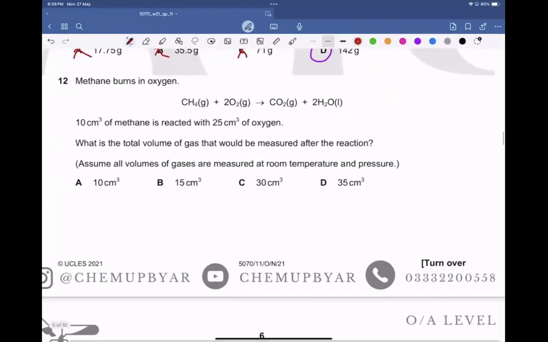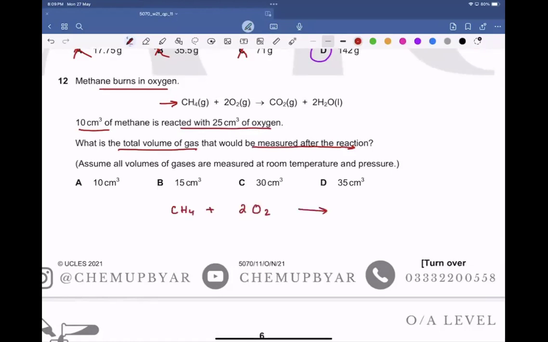Now question number 12. Methane burns in oxygen. Here we have a chemical equation. 10 centimeter cube of methane is reacted with 25 centimeter cube of oxygen. What is the total volume of gas that would be measured after the reaction? Methane is reacting with 2 moles of oxygen, forming carbon dioxide and water. And see, this is the gas, this is the gas, this is the gas.